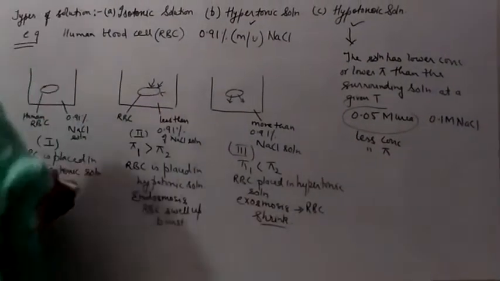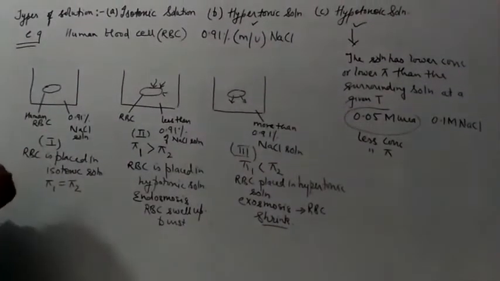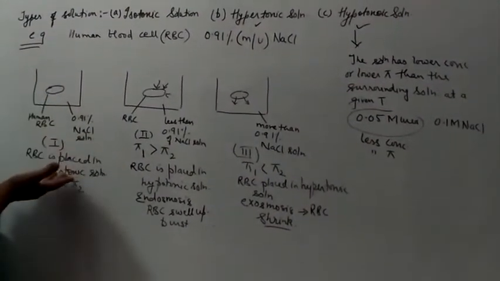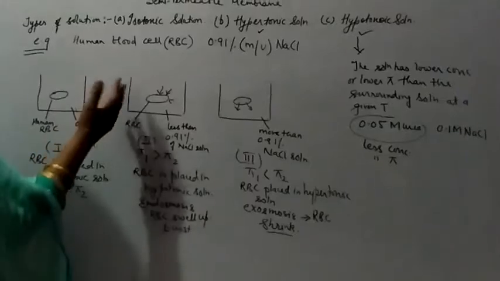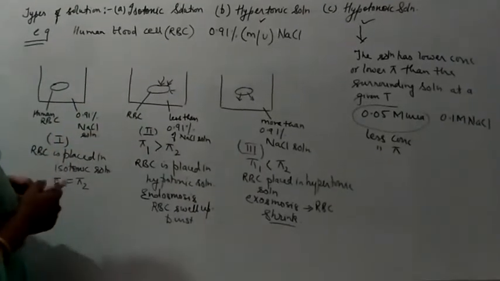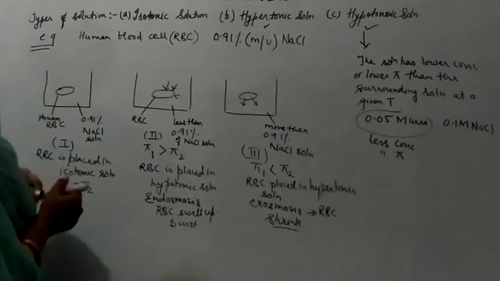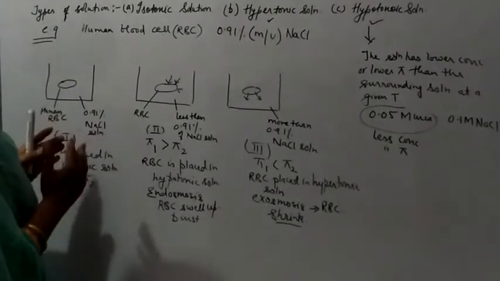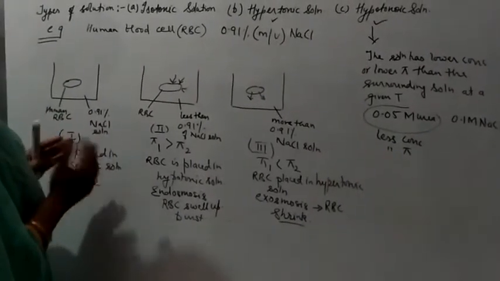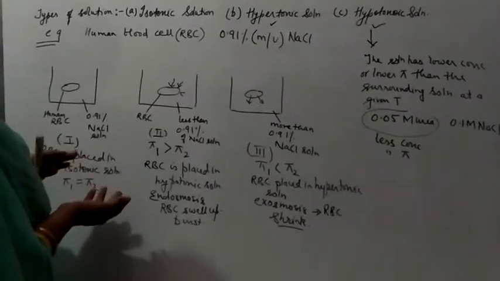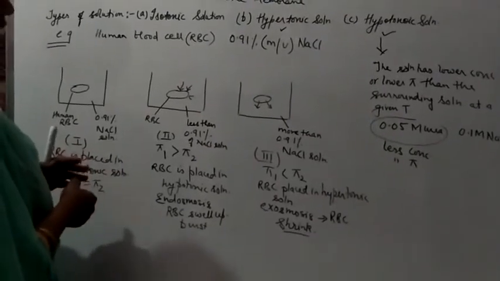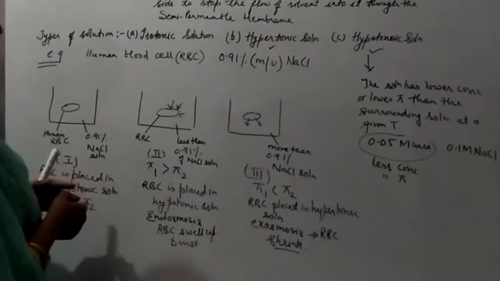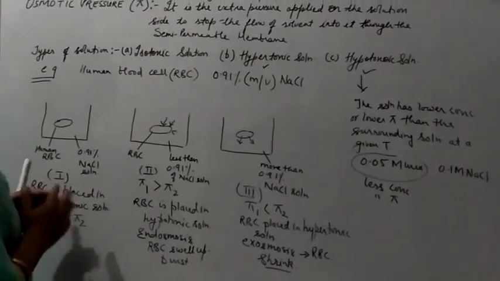Right, now this is the way I have divided the solutions into isotonic, hypertonic and hypotonic depending upon the osmotic pressure. When we compare the osmotic pressure of the two solutions which are in contact with one another, the one which has the lower concentration or lower osmotic pressure, from there the solvent is going to come out.